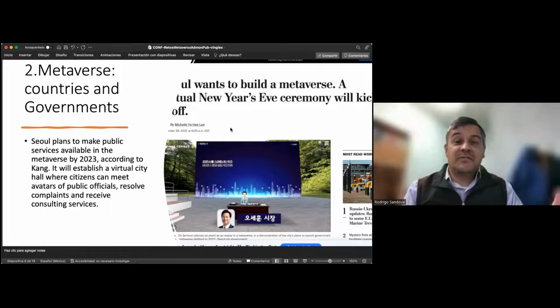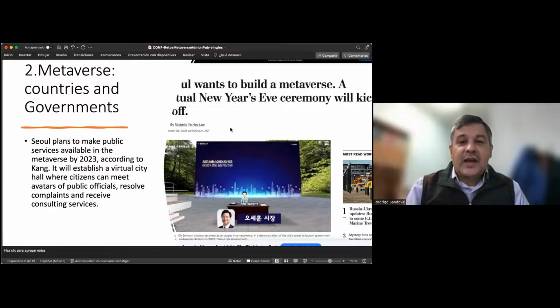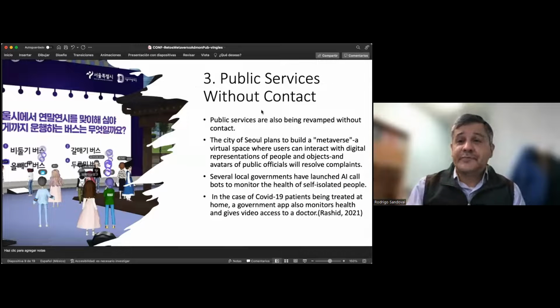Well, we can say that a private metaverse is not correct, because the metaverse is intended to be a common ground with access for everyone else. But this is one of the main categories. The other idea is public service without contact.